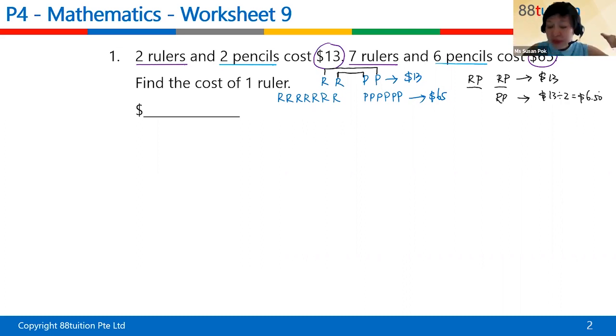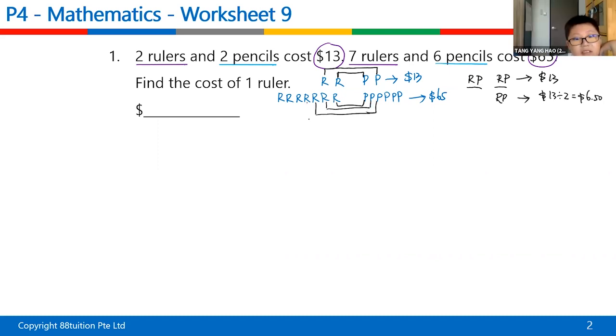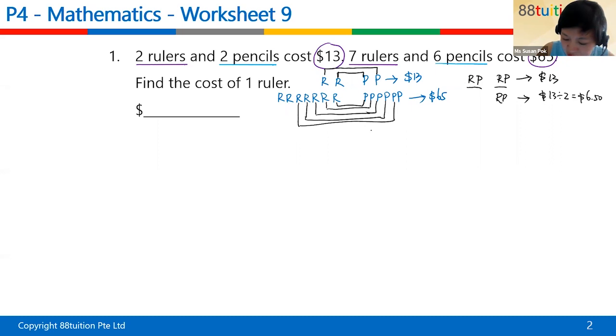Excuse me. So after that, I know that this is one pair. Now I'm going to do something magic. Can I pair them in one pair? I have another pair, I have 3 pairs, another pair, another pair. In total, how many pairs can I form from 1, 2, 3, 4, 5, 6?